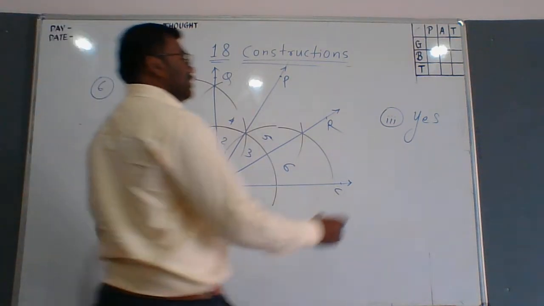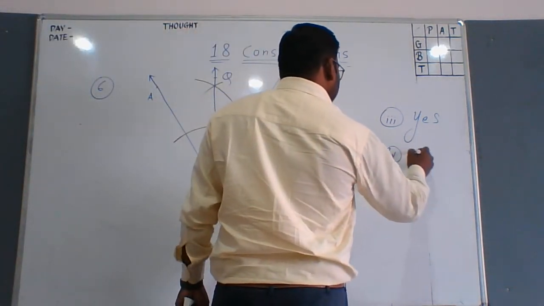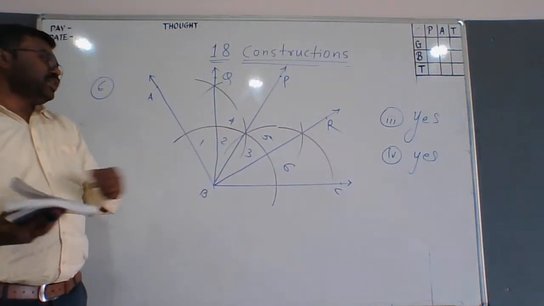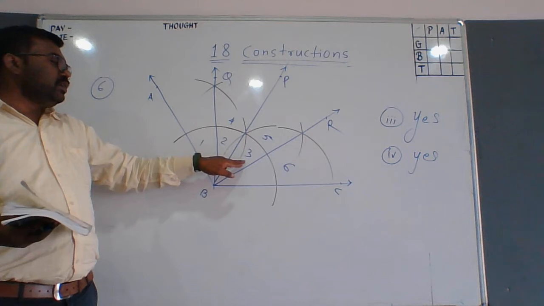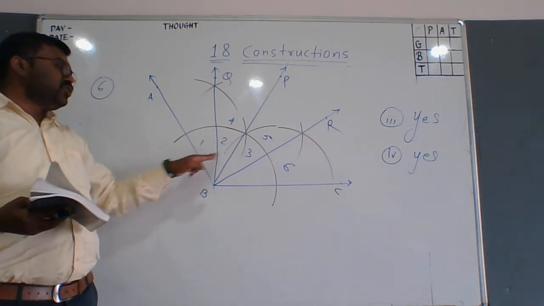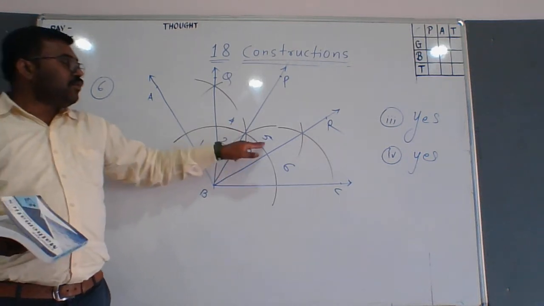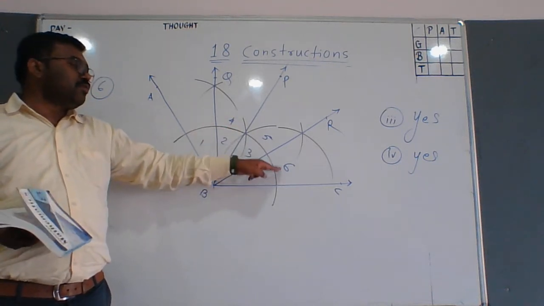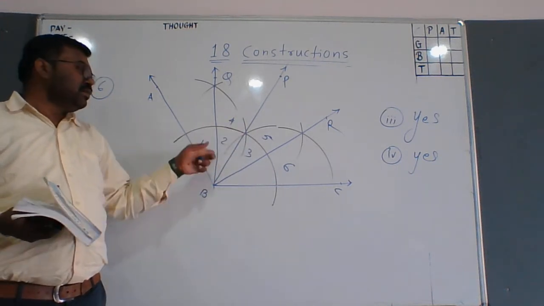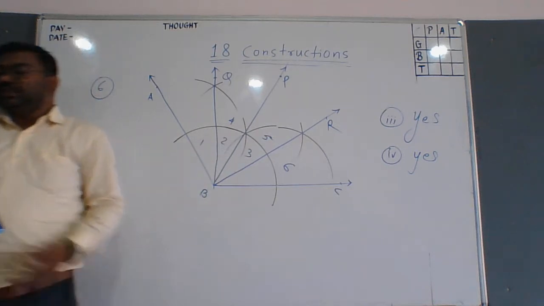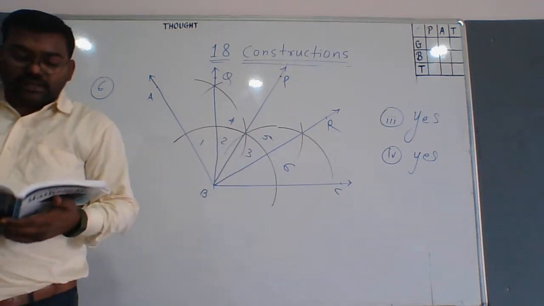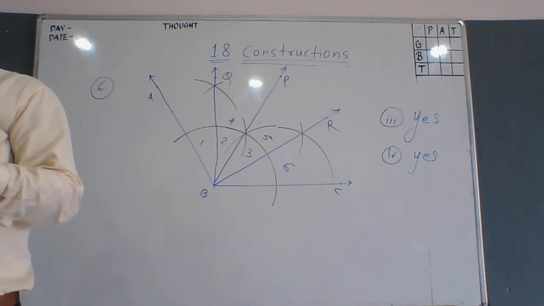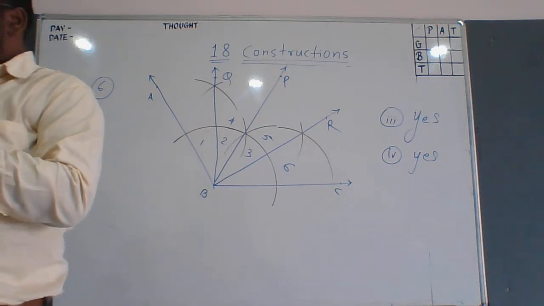Again we can say yes, because these two angles are each a combination of three angles. 1, 2, 3 are equal, and 4, 5, 6 are also equal. So the addition of 4, 5, 6 is equal to the same. Therefore the answer is yes. Right? So students, here we completed exercise 18A.